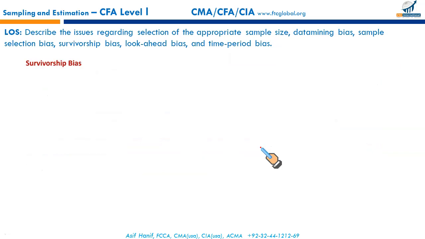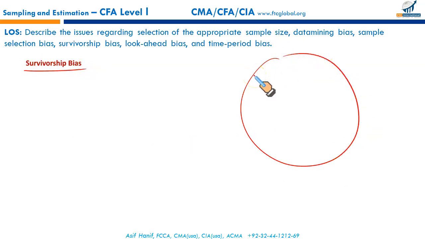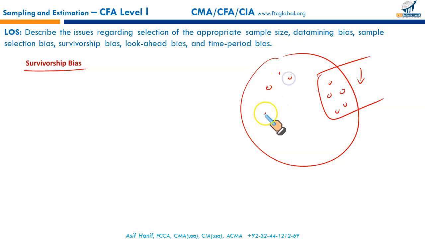Then the next one is the survivorship bias. Let's say this is the population. You exclude certain information because certain entities in the population do not exist. Why? Because they were poorly performing. Thereby the remaining population contains only those firms and entities which are profitable, which are surviving.